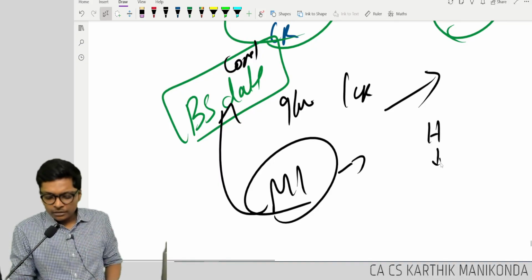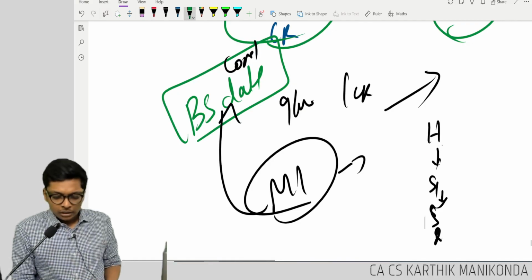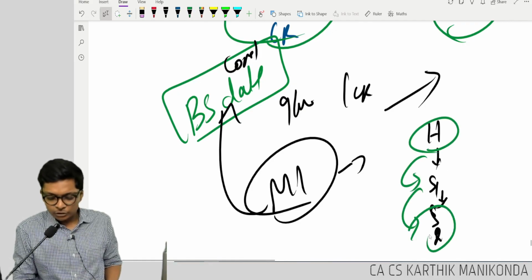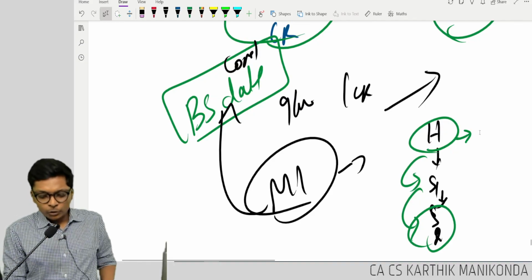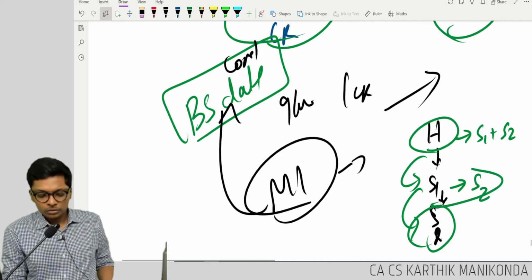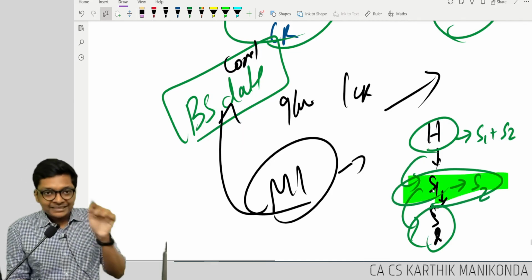We have in the syllabus consolidation of holding with subsidiary, holding with associate and joint venture. This is a law question. If I have H having S1, S1 having S2, who will do consolidation? H will do for S1 plus S2. Should S1 do for S2? Exempt as per Companies Act.